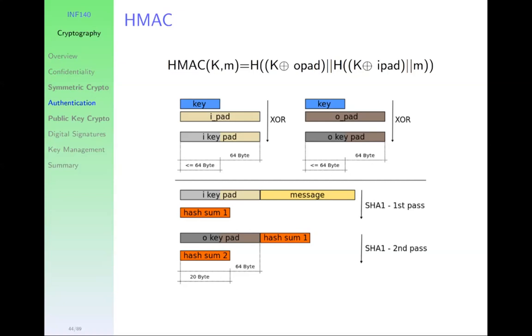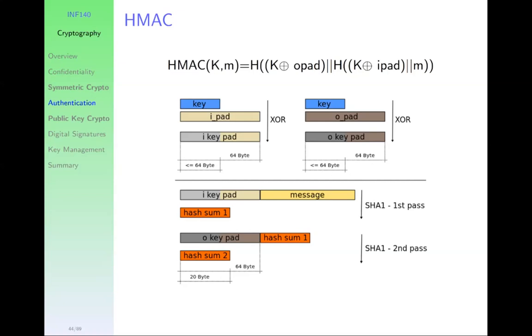So let's look at the workflow of HMAC. It takes the key as input, and it takes another two vectors called internal pad and external pad, shortly IPad and OPad. Let's look at this internal pad first. This internal pad has 64 bytes, so it's quite long.